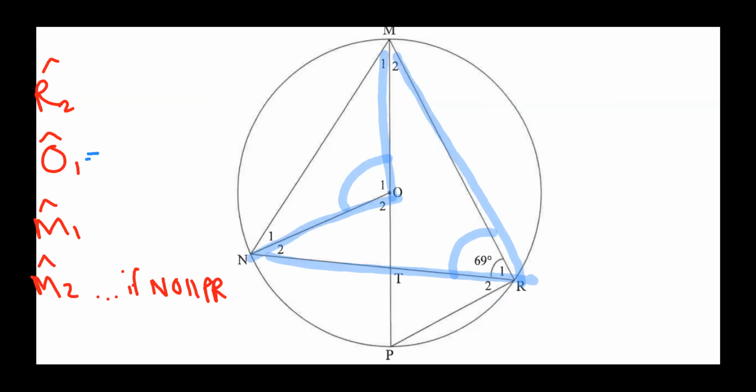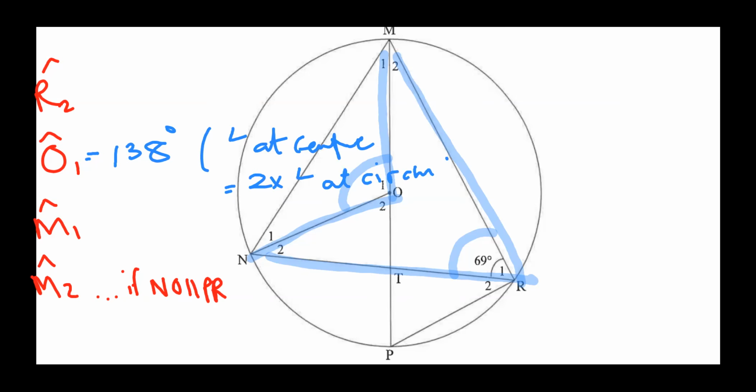So I guess it's going to be 138 degrees. Your reason: angle at center is equal to 2 times angle at circumference. Okay. So angle O1 is equal to 138 degrees. We just double the 69. Okay, so it's important that we know all our circle geometry theorems to answer these questions.